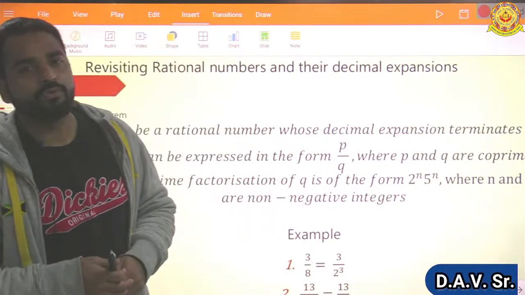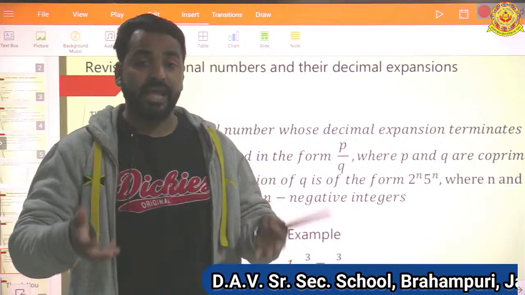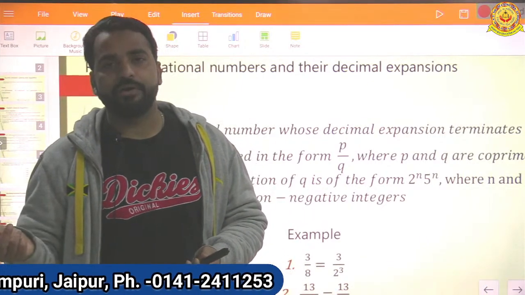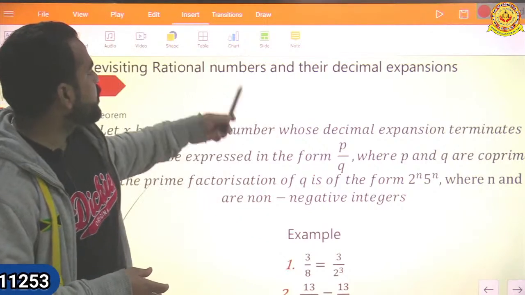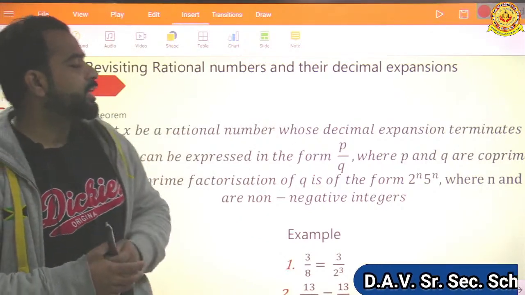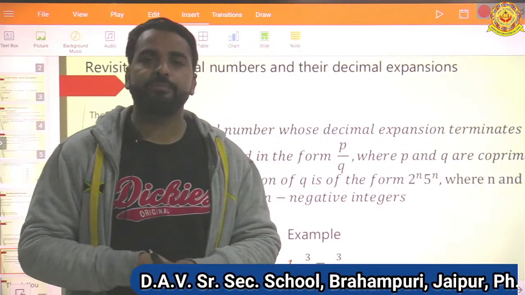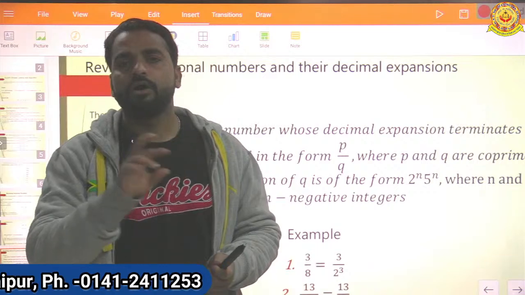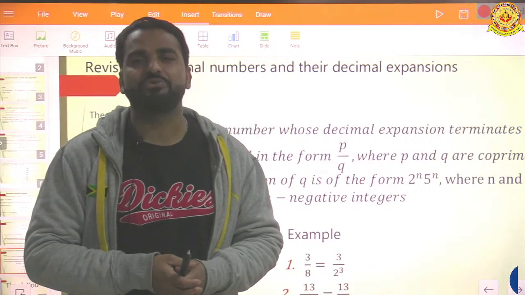Then we studied how to prove that an irrational number is actually irrational by assuming it to be rational. And last but not least, we saw how terminating and non-terminating decimal expansions can be classified by just taking the denominator and making its factors. Okay, hope you liked it. Thank you.